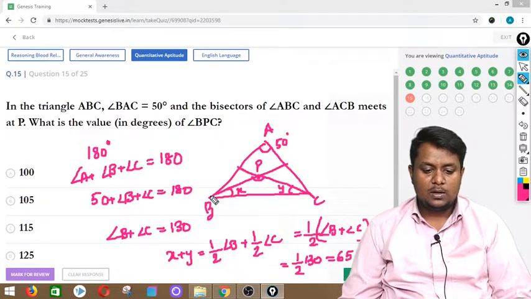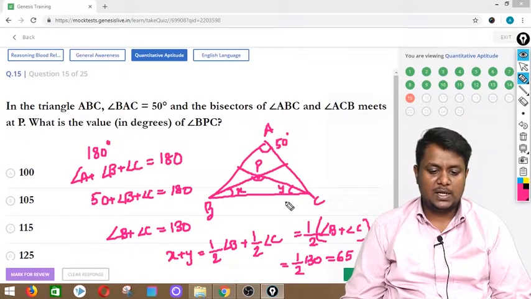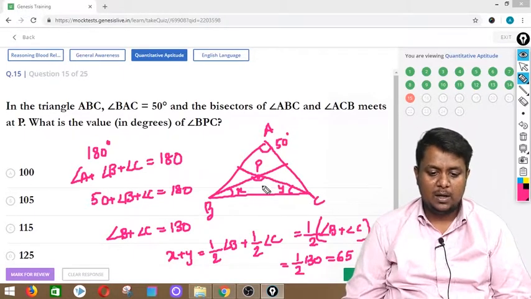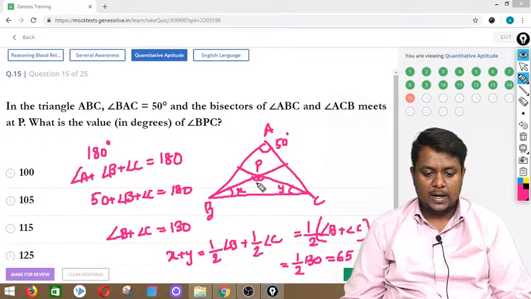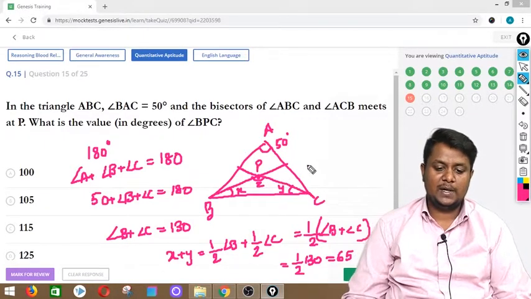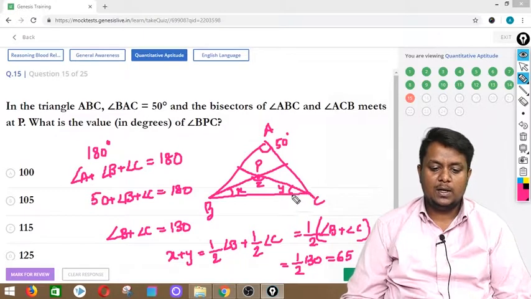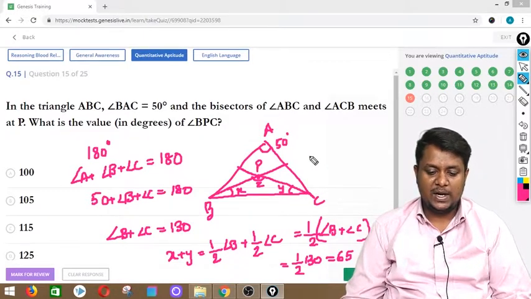Now, in the triangle BPC, the total interior angle will be 180 degrees. Angle x plus y and angle P, let us equate that to z.